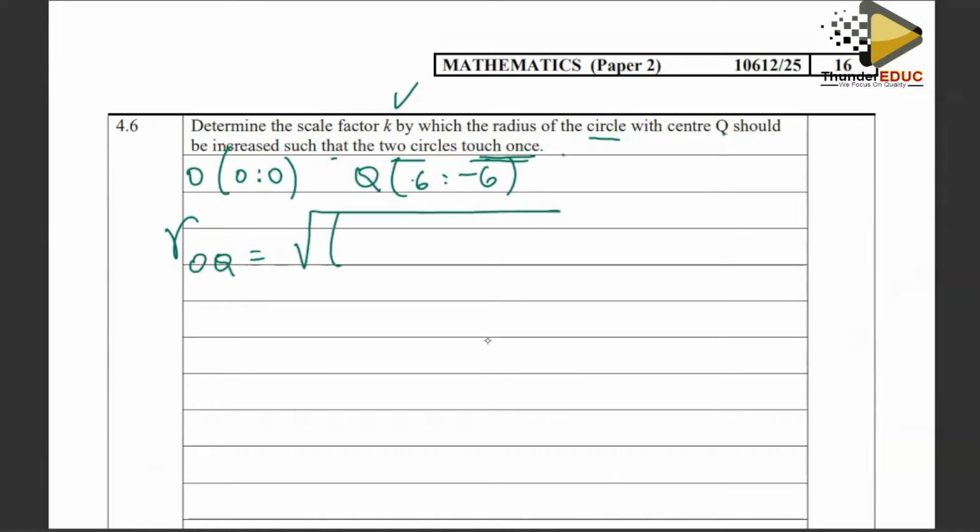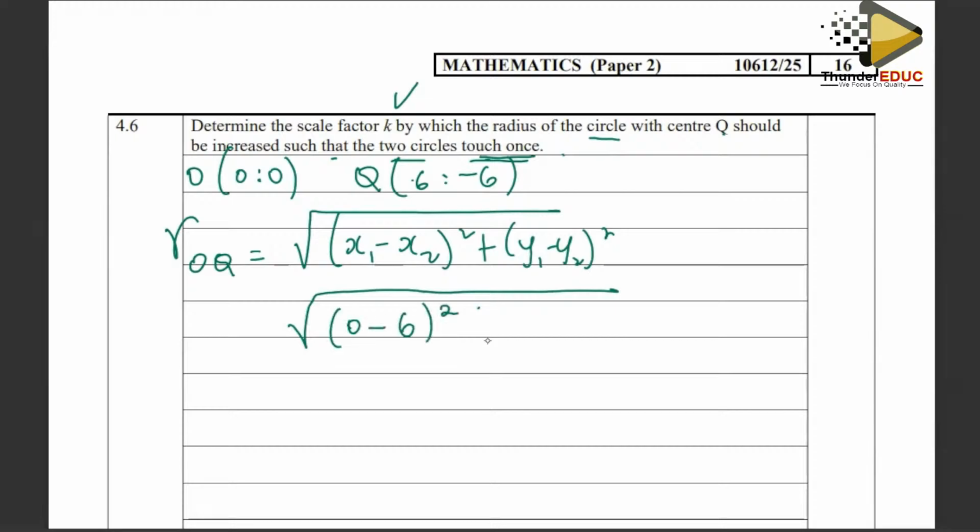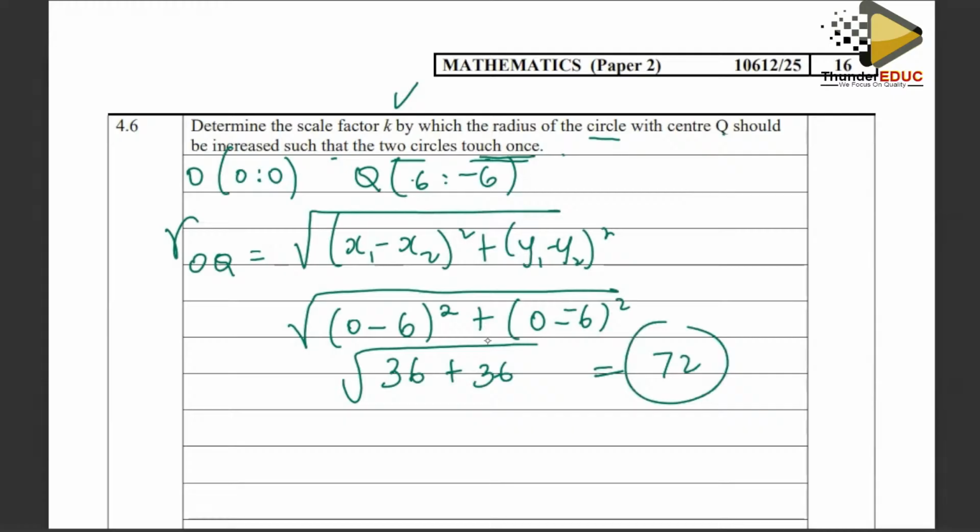So that's going to be the square root of (x1 minus x2) squared plus (y1 minus y2) squared. Square root, that's going to be (0 minus 6) squared plus (0 minus -6) squared. So that's going to be 36 plus another 36 under the square root, which gives us 72.